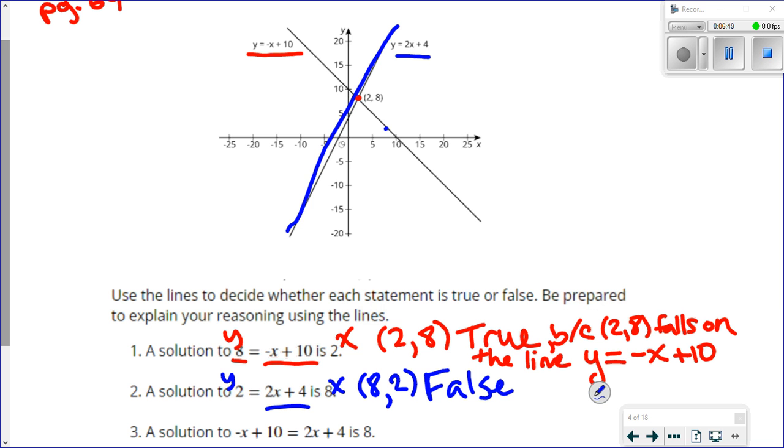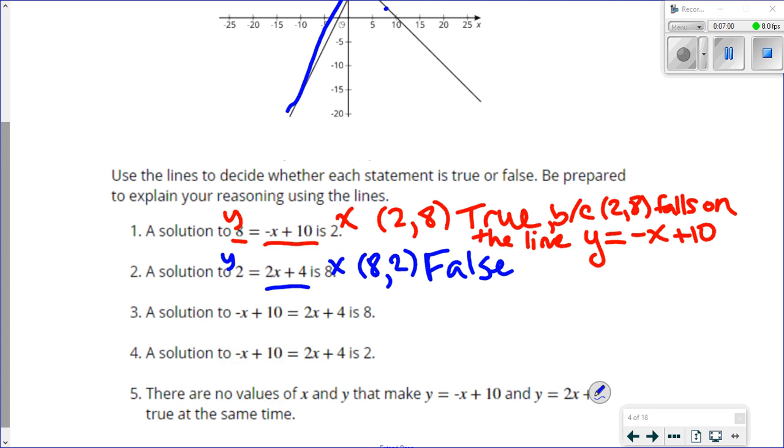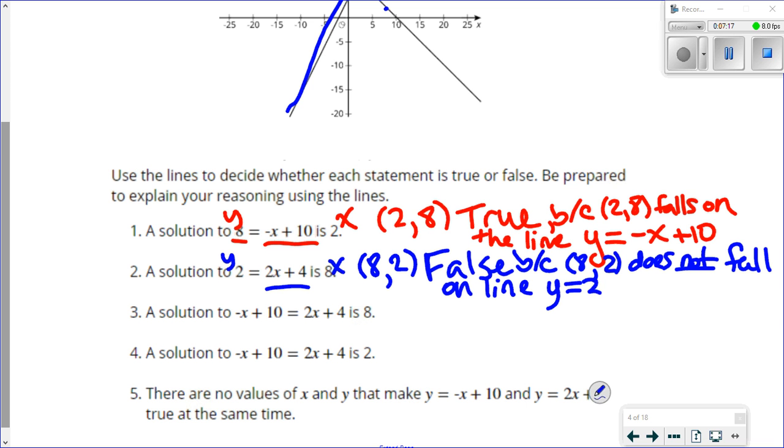And for the very same reason as above, because (8, 2) does not fall on the line y equals 2x plus 4. So we can add that in: false, because (8, 2) does not fall on the line of y equals 2x plus 4.